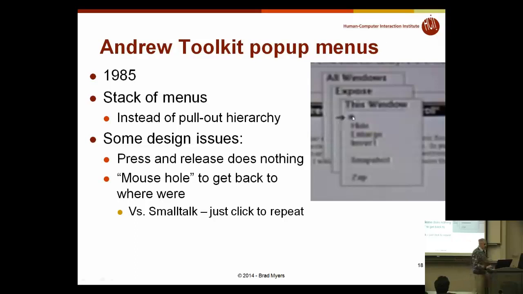So the interaction would be you'd pop it up like this, you'd slide into this hole, that would switch the menus around so that your cursor was then over the last item you picked, and then you could just release. Or you could just move around to wherever you wanted to go. So that's another thing to consider about your menu system that you're going to be evaluating: how error-prone is it, right? Because you want to make menus where people do what they want and don't do things they don't want to do.